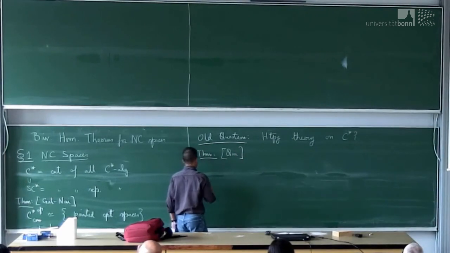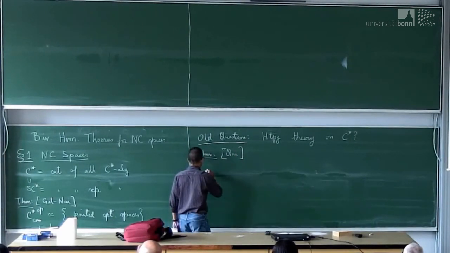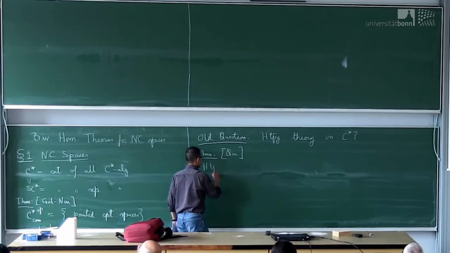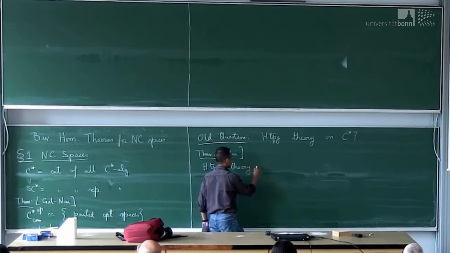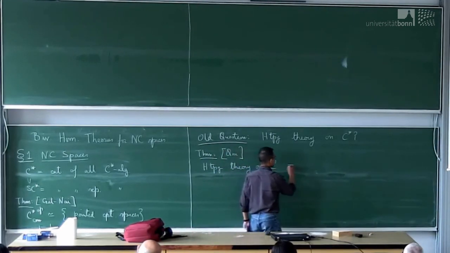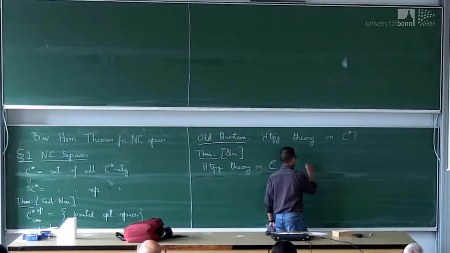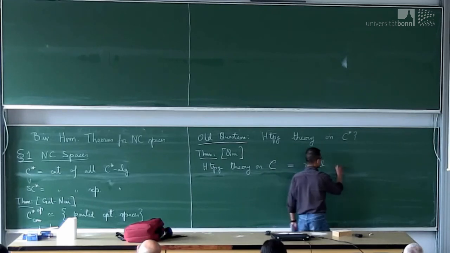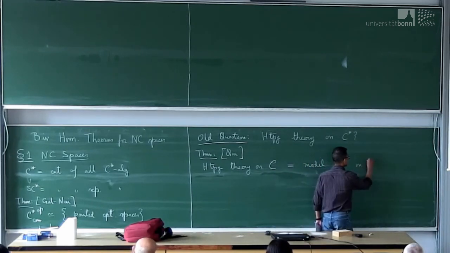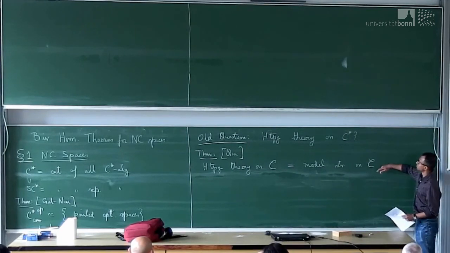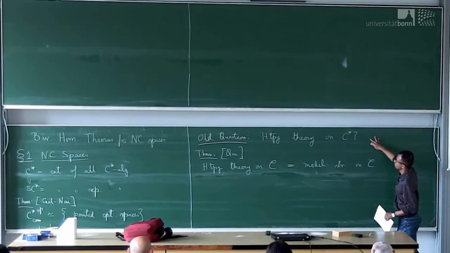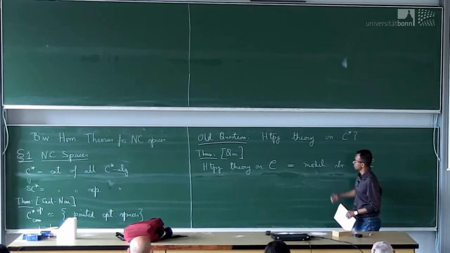Quillen basically introduced this machinery of model categories, and he convinced us that homotopy theory on any category C is the same as a model structure on C. So in this sense, you can make this rather vague old question precise.